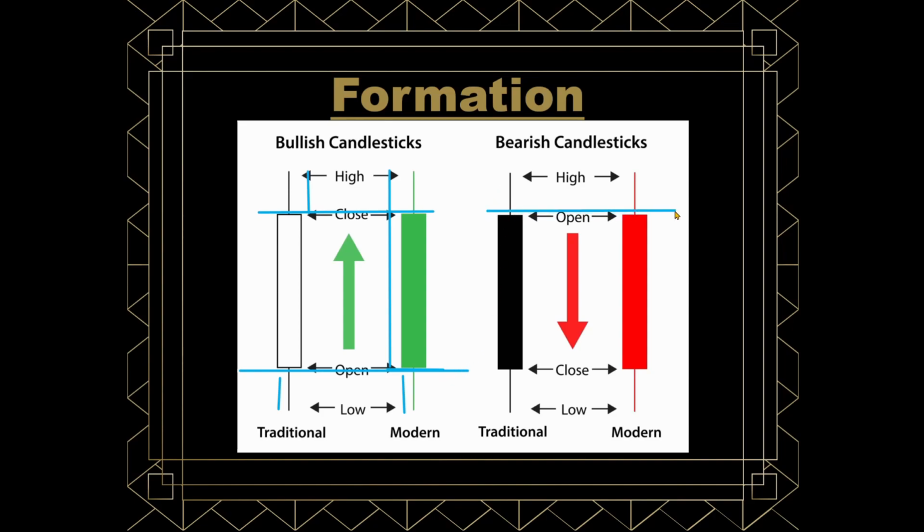And for bearish candles, the closing price is at the bottom. As for the bullish candlestick, the closing price is at the top. A good way to remember this is bulls push prices up, resulting in green or bullish candlesticks, and bears push prices down, resulting in bearish candlesticks.